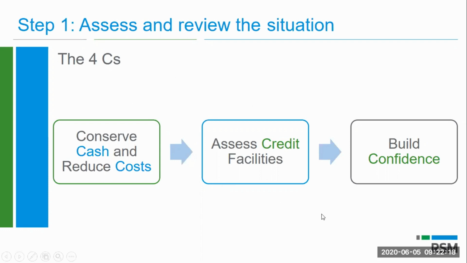And then, as I said, assessing certain credit facilities and building confidence. This is critical in this stage to really deal with and engage with your critical customers as well as your critical and key suppliers in your supply chain. They may have made changes in their business strategies that you can actually learn from, that you can then adopt in your own business.